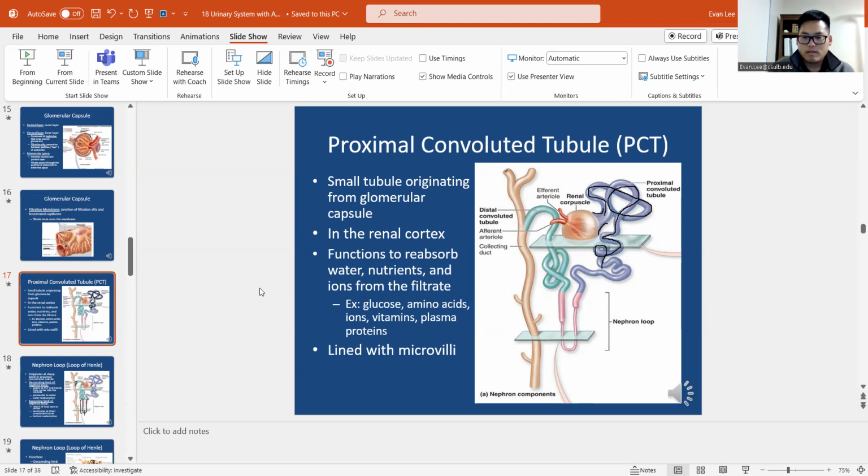So proximal convoluted tubule. This is going to be kind of a long term, but just think about those words for a sec. So convoluted tubule, first of all, you might not know what convoluted means, but basically imagine something like a really long winding road. That's basically what convoluted means.